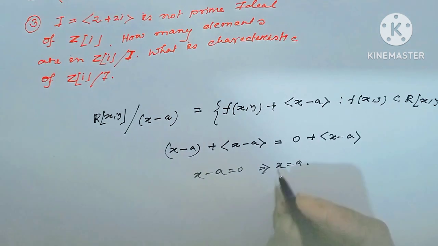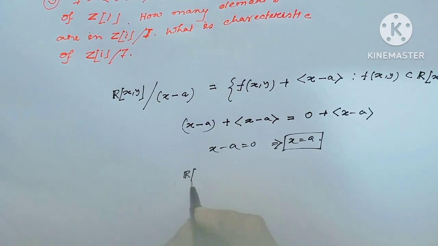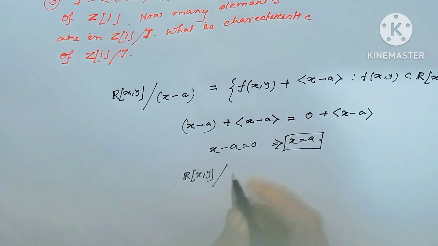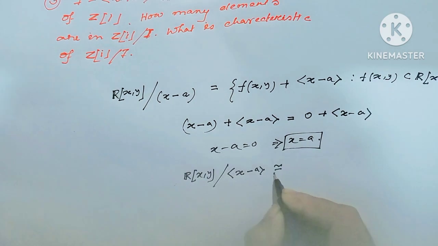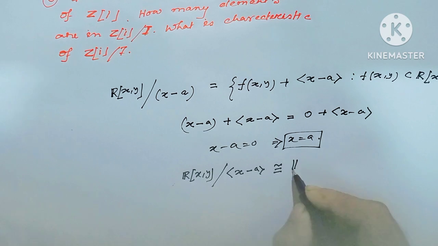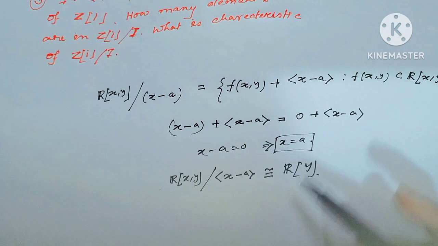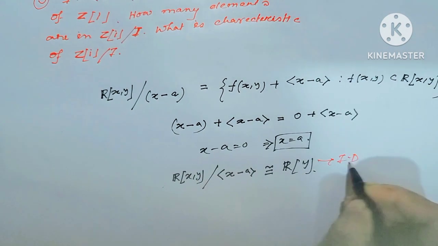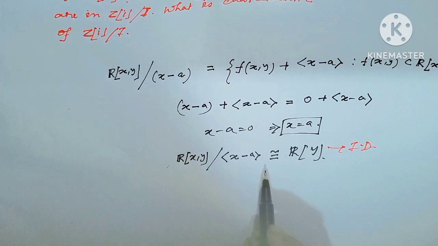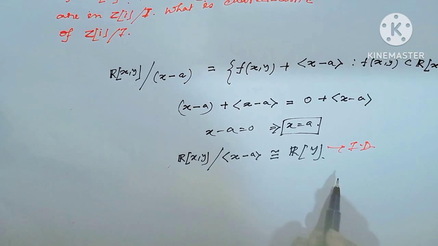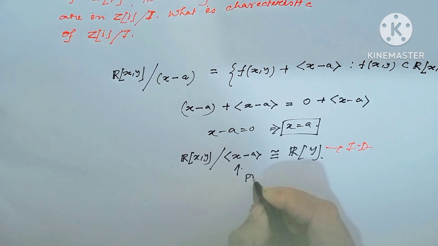Since x equals a, therefore the quotient ring R[x,y] modulo the ideal generated by x minus a is isomorphic to R[y], and obviously this R[y] is an integral domain. So since R[y] is an integral domain, this ideal is a prime ideal.